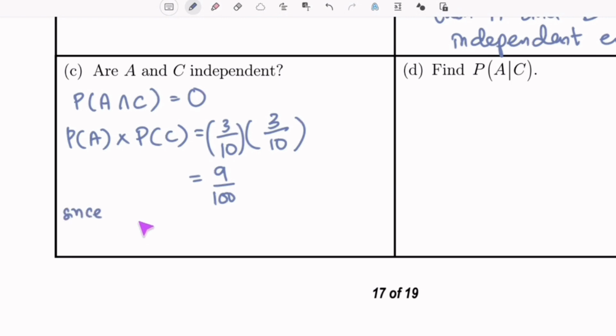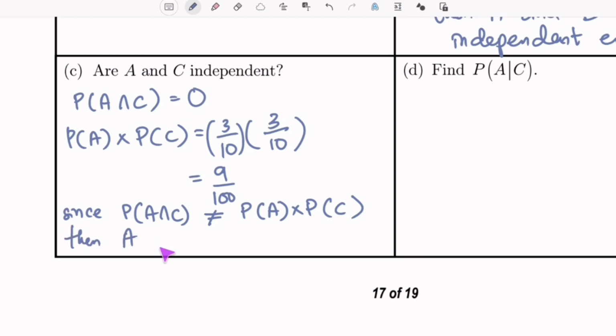Since the probability of A intersect C is not equal to the probability of A times the probability of C, then A and C are not independent events.